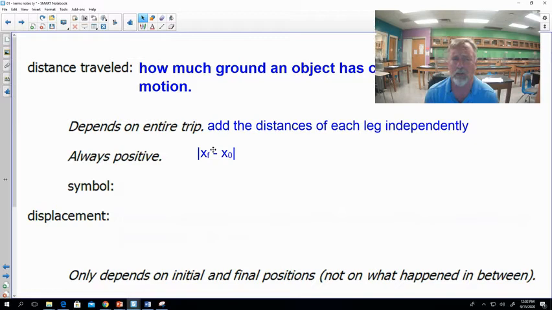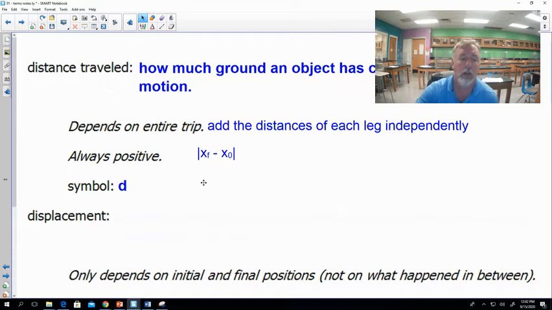That doesn't quite make sense when we're talking about distance. It will for our next term. But for distance, all we want to know is what are the 2 points, subtract one from the other and take an absolute value, right? Just make it a positive number. The symbol that we're going to use for distance is simply a d. So if I write a math equation and you see a d, you know I'm talking about distance.